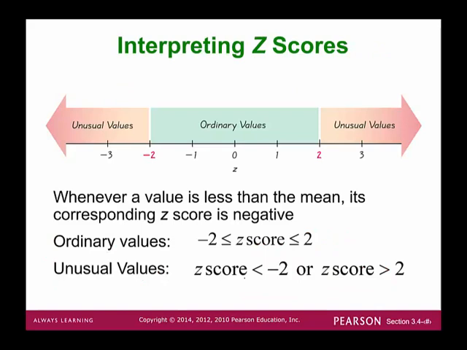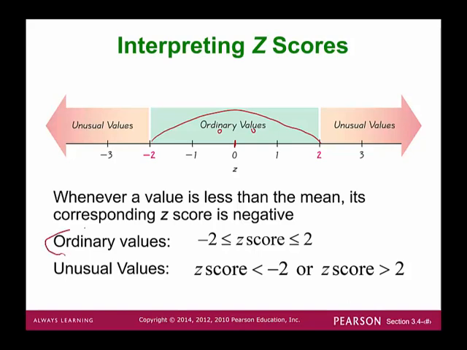Now let's interpret the Z-score. Right in the middle, the Z-score equals 0. In the range between 2 standard deviations below the mean and 2 standard deviations above the mean, we call these ordinary values.